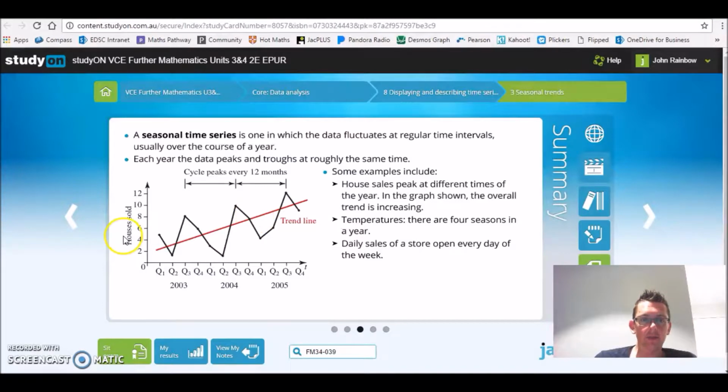So in this case, we can look at houses sold, and we can see that in every third quarter there are more houses sold. Why would that be the case? Well, if you think about it in quarters, Q1 would be the end of March, Q2 would be the end of June, and Q3 would be the third quarter, which would go from July, August, September.